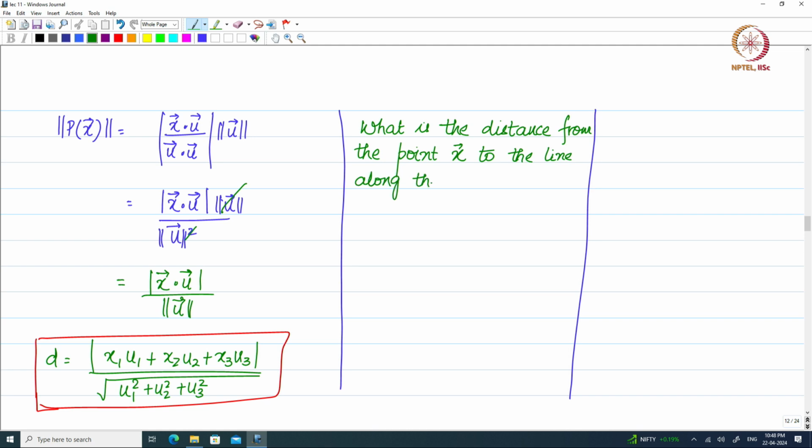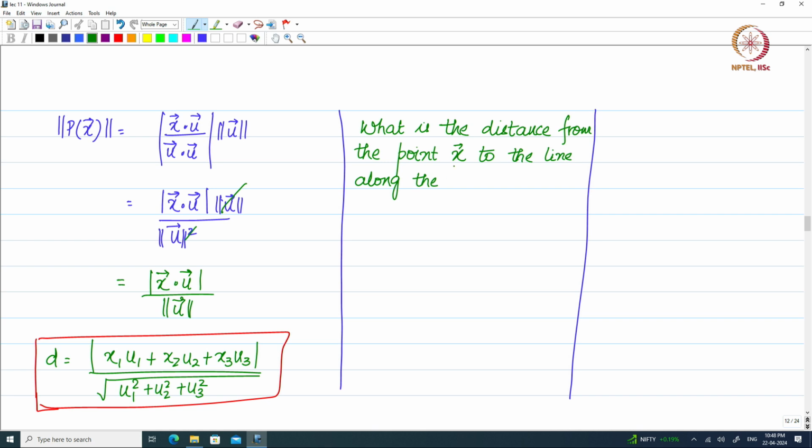Now, why do we do all these things? These things help us when we try to calculate the area of the parallelogram formed by two linearly independent vectors in 3D. This distance d that we have calculated will help us calculate the volume of the parallelepiped when we look at three linearly independent vectors in 3D. So, we will go towards that.